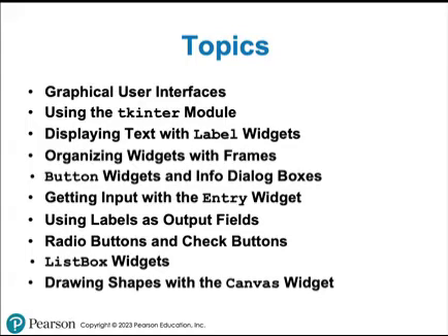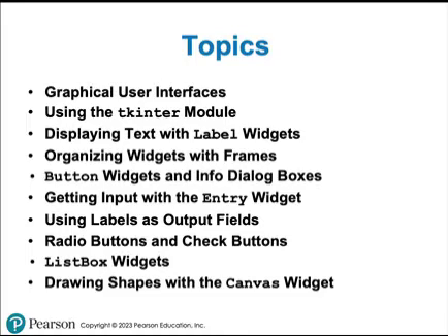We'll talk about labels and putting text on labels. We'll talk about frames. We'll talk about widgets, buttons, dialog boxes, which are all components of a graphical user interface. We'll talk about displaying information on some of these widgets. We'll talk about reading information from the user.